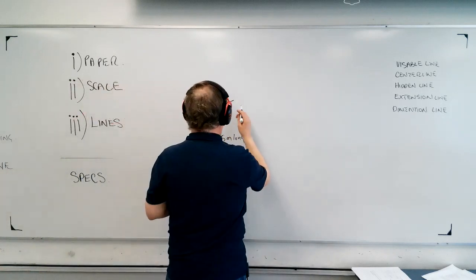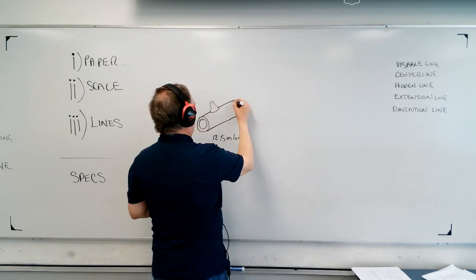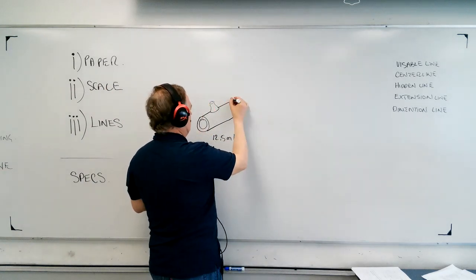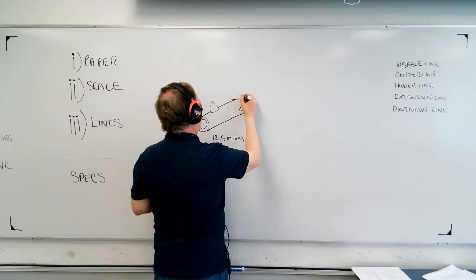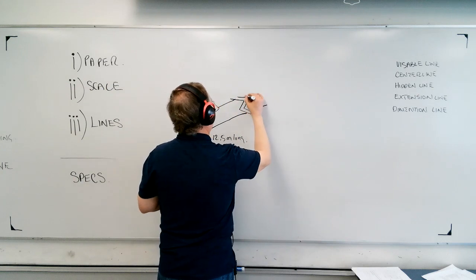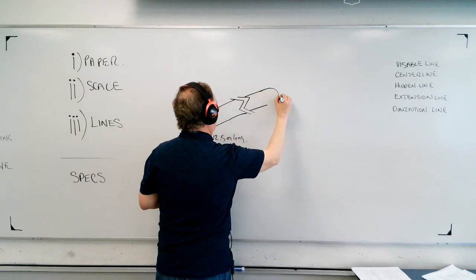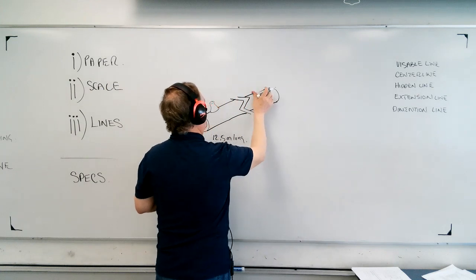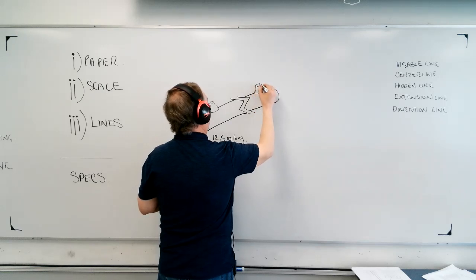So that's not practical. So what they say is, when a dimension continues without any change, we can go like this. And we can go here. And this is now the other end of this pipe. And we can say, okay, there's the matching fitting that has to be welded onto this one.